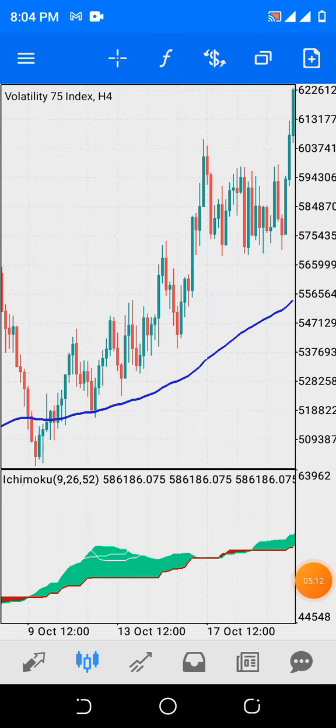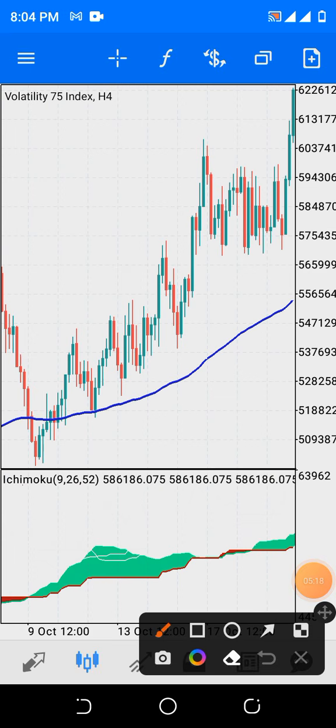Now watch here. The market changes. So this is a bullish trend, because it is above the moving average. Now we come to the side of Ichimoku to see where we need to enter.